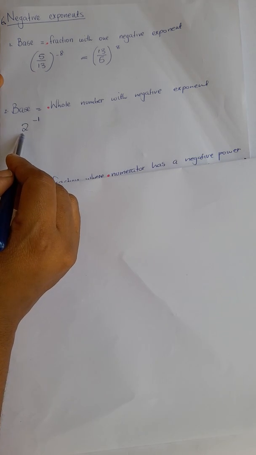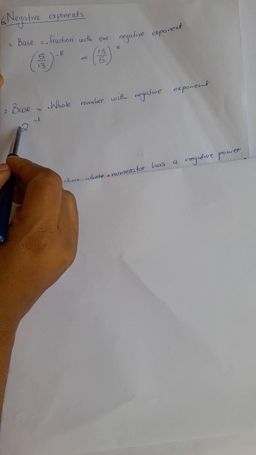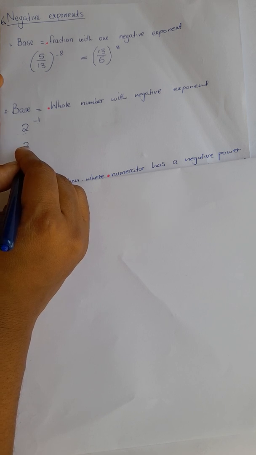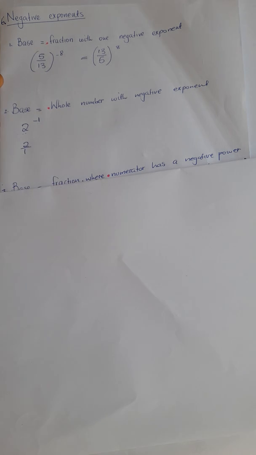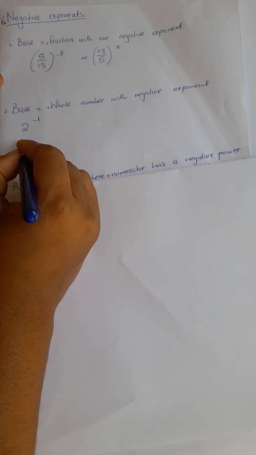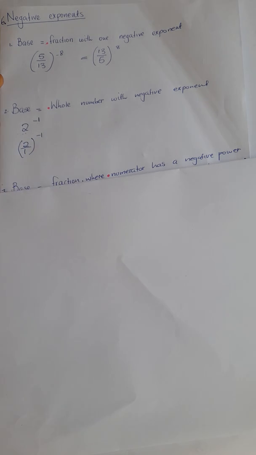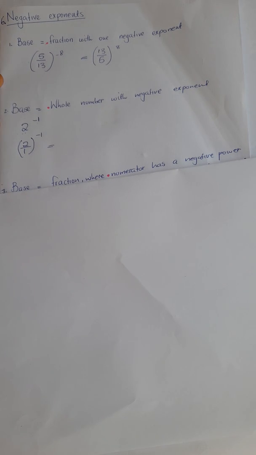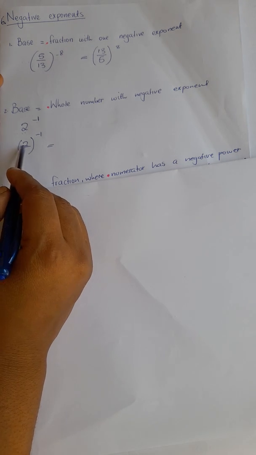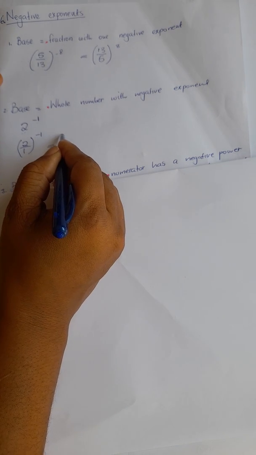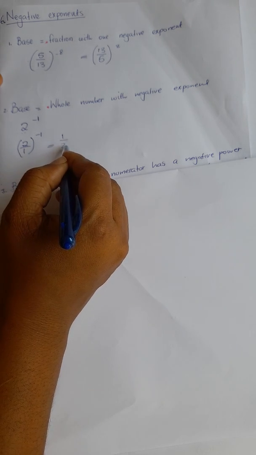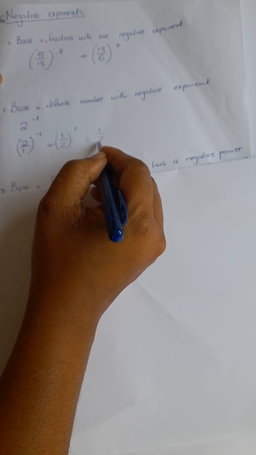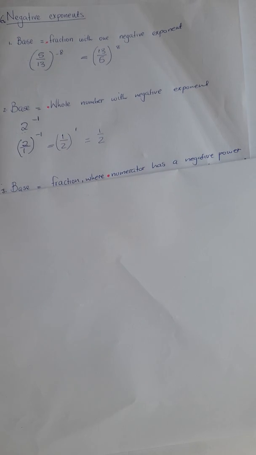So I must convert the whole number to a fraction, which will be the same as 2 over 1, and I raise that to the negative exponent. Now it's easy. I do what I did with the first case: I swap the numerator and the denominator.